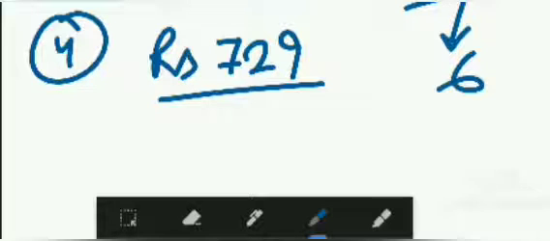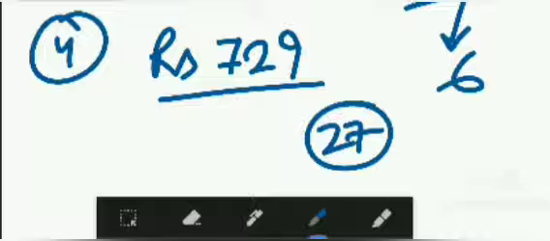So if we find the square root of 729, we will get 27. So 27 members are there and each member is contributing 27 rupees. You have to find the square root of 729 and do the sum similarly to question number 1. So also do question number 4 at your home.